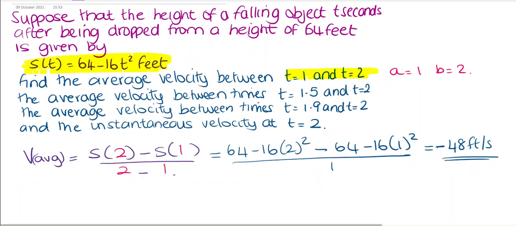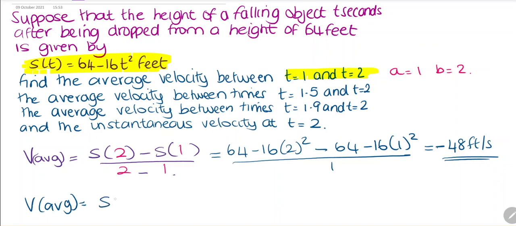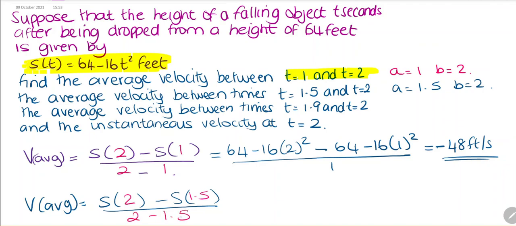And let's have a look at the second one. So for the average velocity this time, a is 1.5 and b is 2. So we've got 2 minus 1.5.